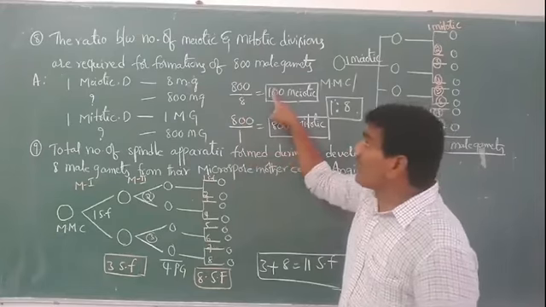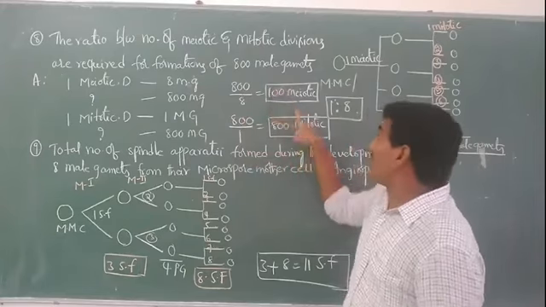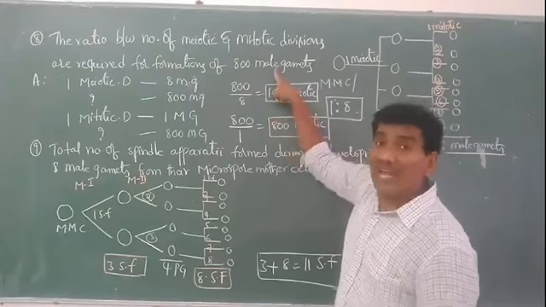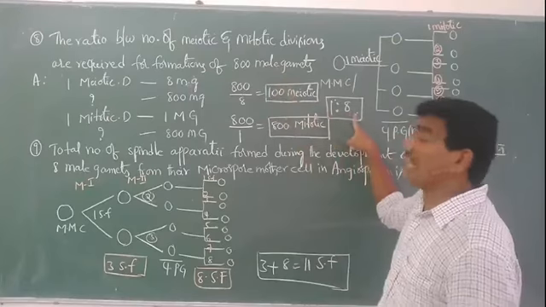The ratio between meiotic and mitotic divisions is 1:8.